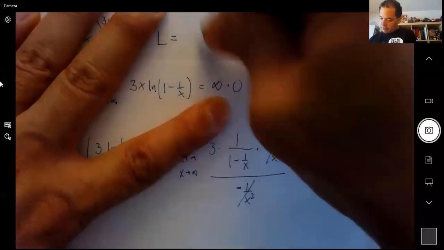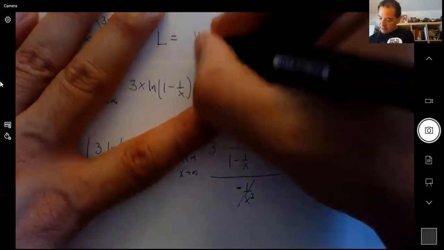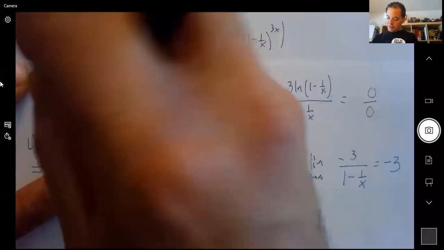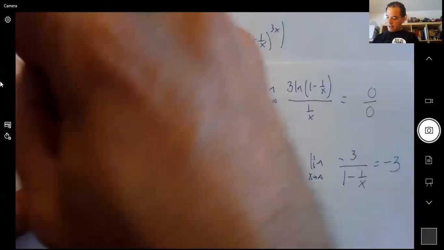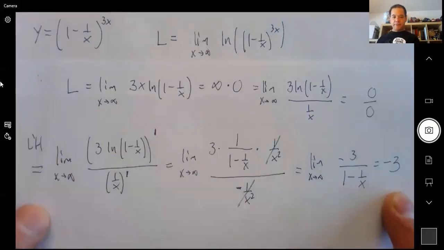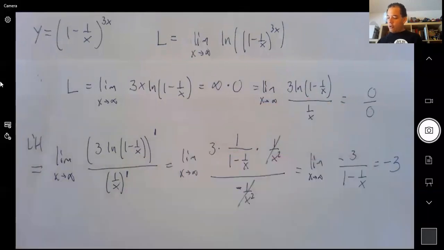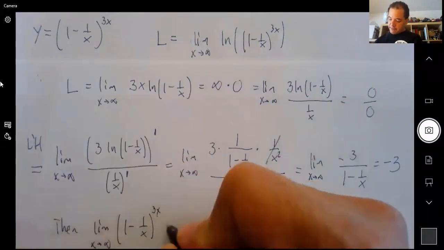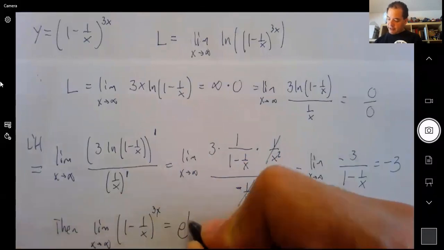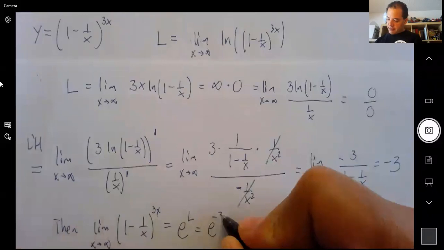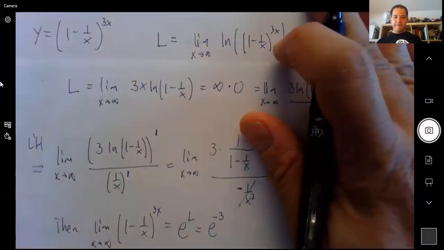L is supposed to already be the limit when x goes to infinity. That's the way we usually did it, like this. So then the answer to the original limit is always e to the L. In this case, it would be e to the negative 3. All right?